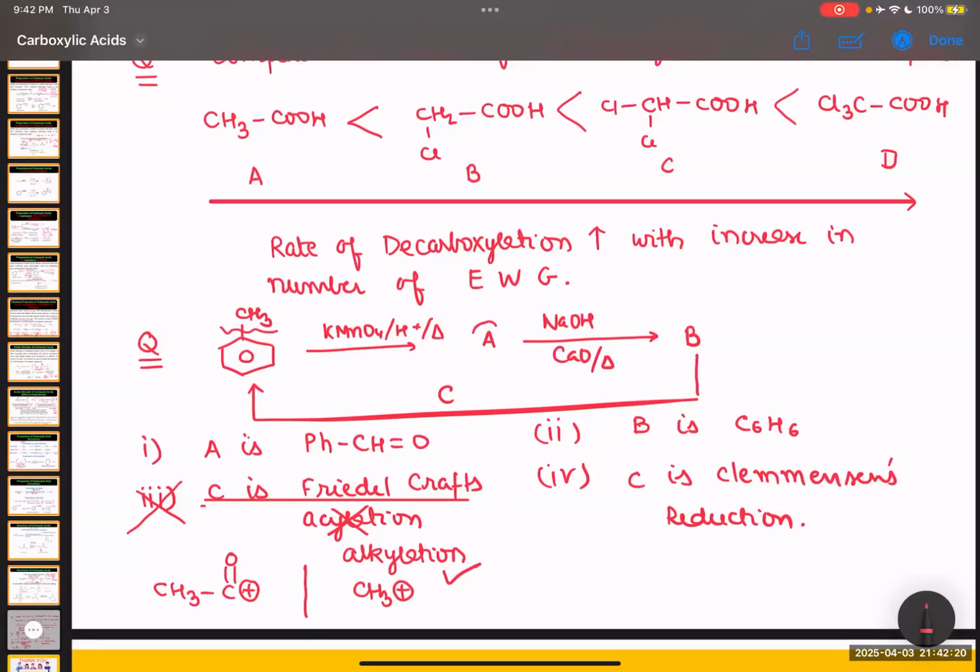What is the structure of A? Here you are oxidizing, and because you are oxidizing, this CH3 will get converted to COOH. So A is Ph-COOH, it is benzoic acid.